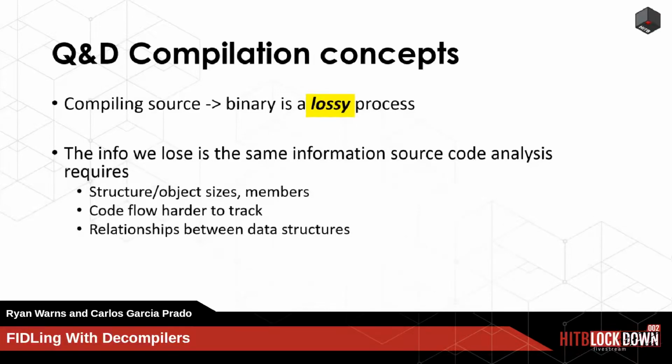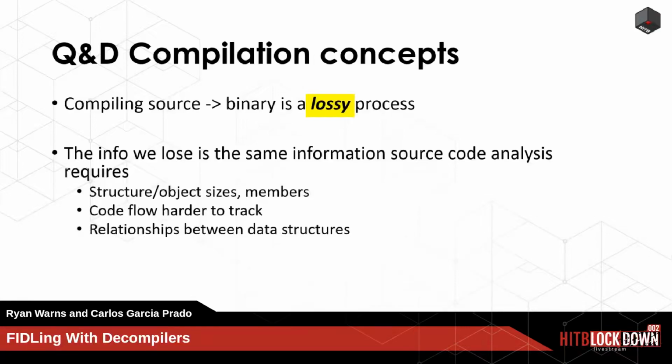But it's not beholden to how it gets from point A to point B. So things like structure definitions could be moved around. There are optimizations in place that might change how code works, how functions are compiled, or how it looks or runs.